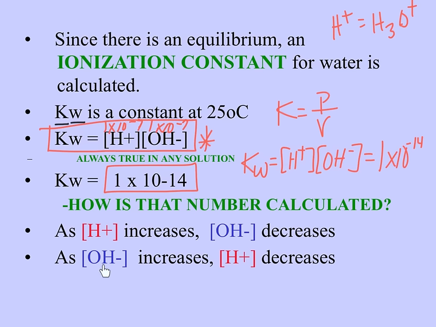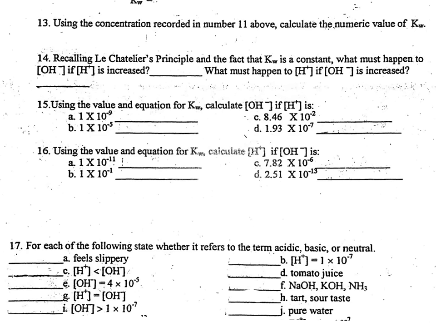If you have a higher concentration of hydroxide, then your solution will be basic. And of course, if the two concentrations are equal to each other, then we say that the solution is neutral.